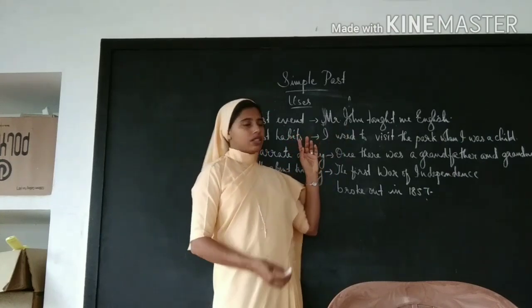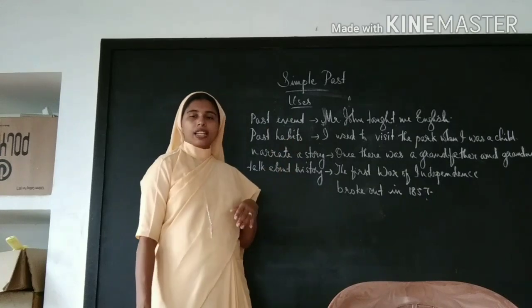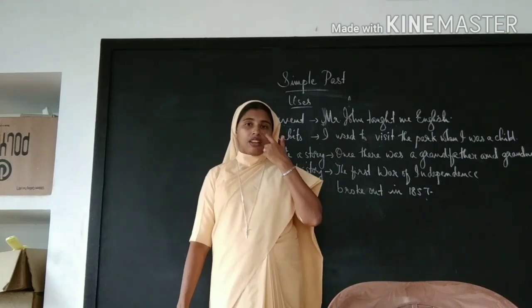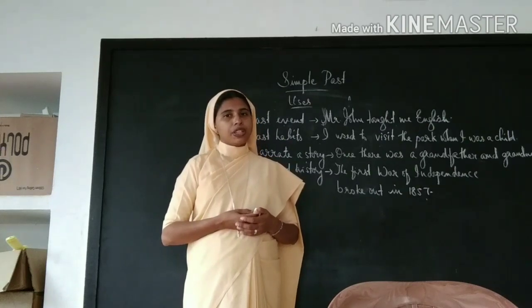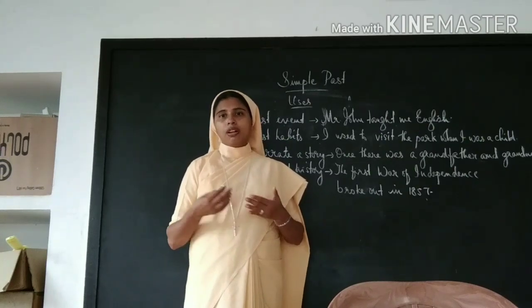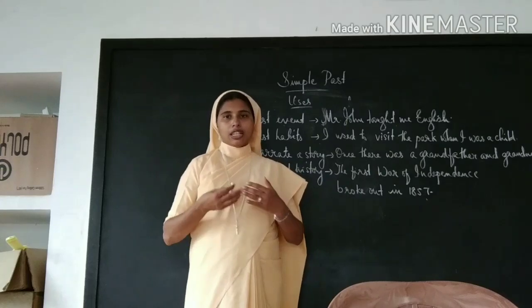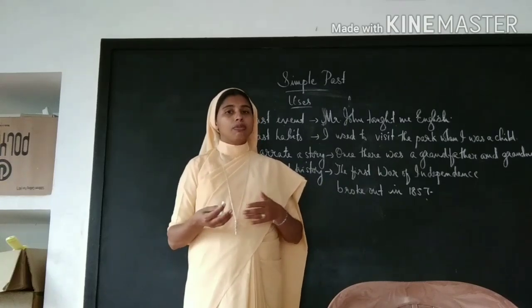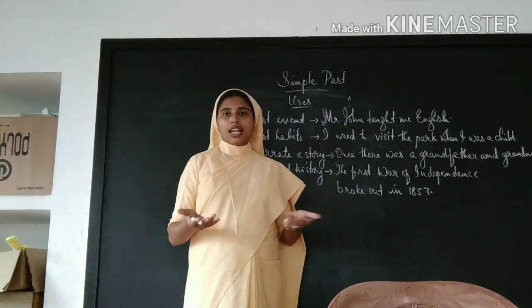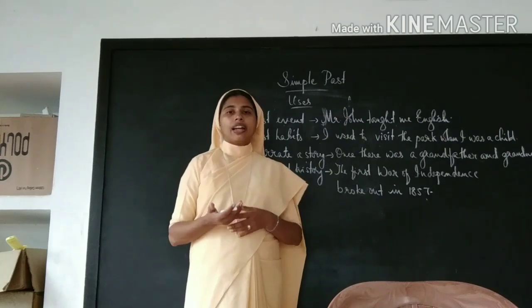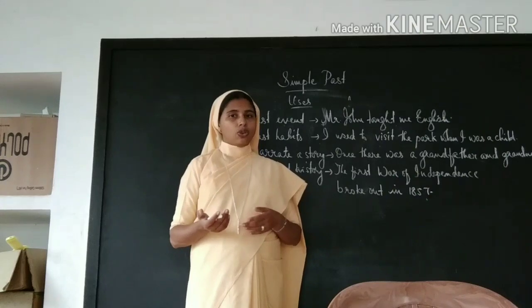That's the first usage. And the second one is in order to talk about past habits. We have seen if it is a habit in the present, we use simple present tense. For example, I take milk. That means if I say I take milk every day, that is sure to be a habit. I take milk. Or I get up at 5 o'clock.